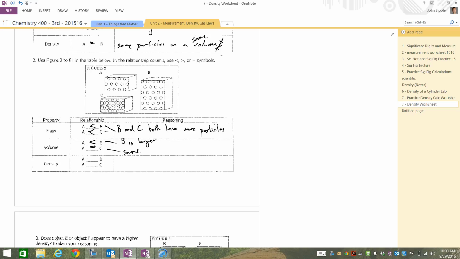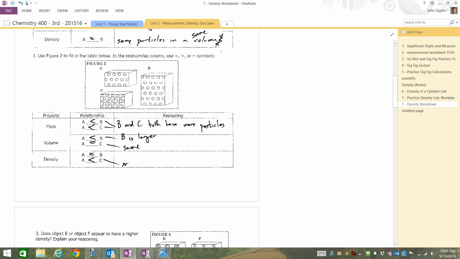And then in terms of densities, Miranda, what'd you have for the densities for these guys? What'd you guys do? Okay, good. All right, so A and B is similar to the argument right up above, right? But what about A and C? Why'd you say that C is more dense than A?